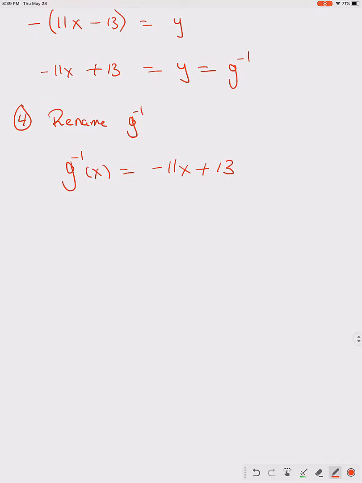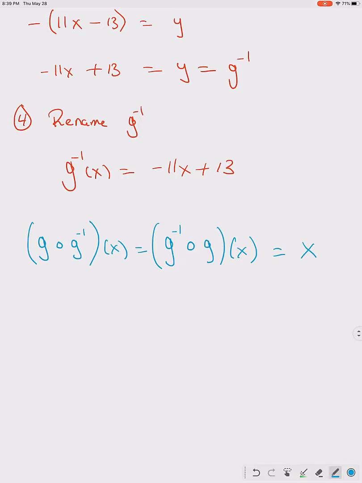In other words, g composed with g inverse of x is the same as g inverse composed with g of x, and those are equal to x. So let's give that a try.